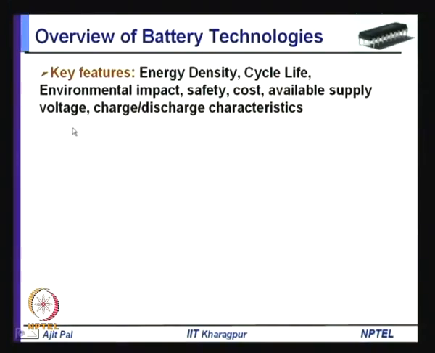But our requirement in the system may be different. For example, when we are using a 5 volt supply, then you have to use several batteries to get that 5 volt or 12 volt or whatever it may be. That means, the voltage that is generated by the battery has to be taken into consideration, and that is your available supply voltage. And last but not the least is the charge discharge characteristics.